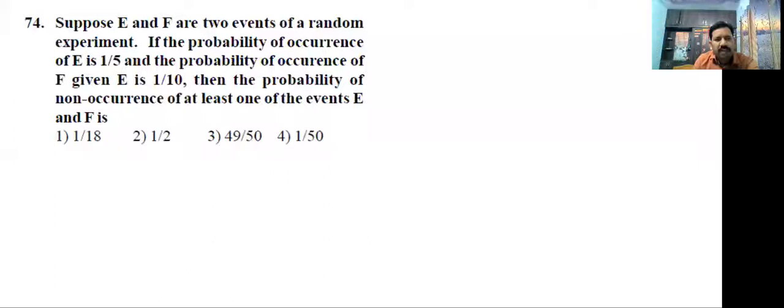Suppose E and F are two events of a random experiment. The probability of occurrence of E, that means P of E, is 1 by 5. And the probability of occurrence of F given E, that means P of F by E, is 1 by 10.